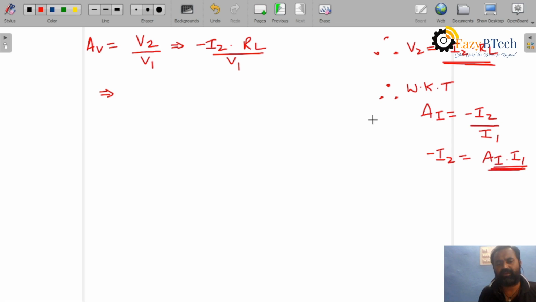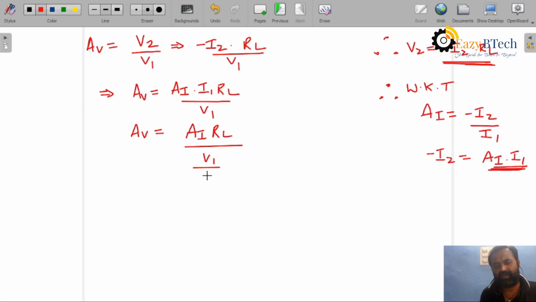Then AV = AI I1 RL by V1, which is AI RL by (V1 by I1). V1 by I1 comes to the denominator, so AV = AI RL by Zi.